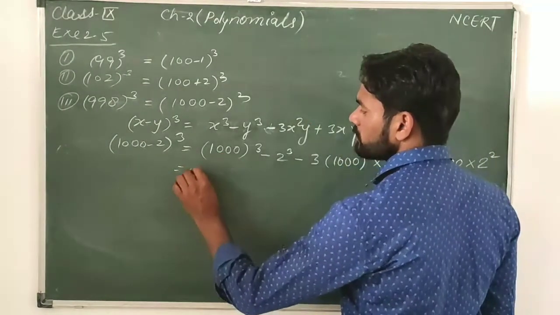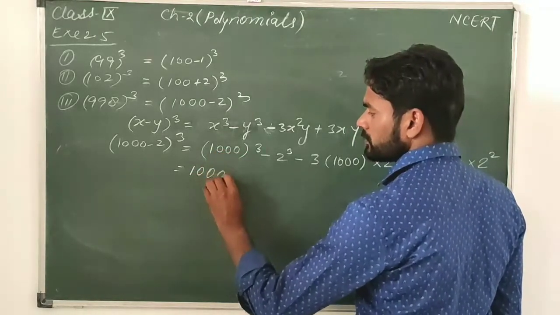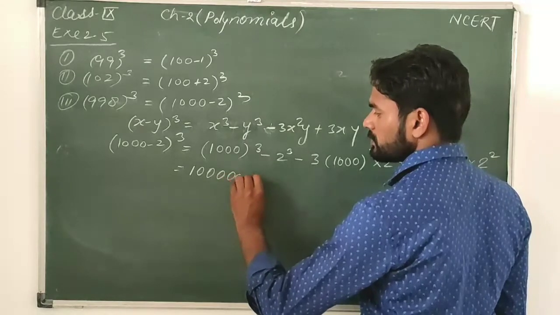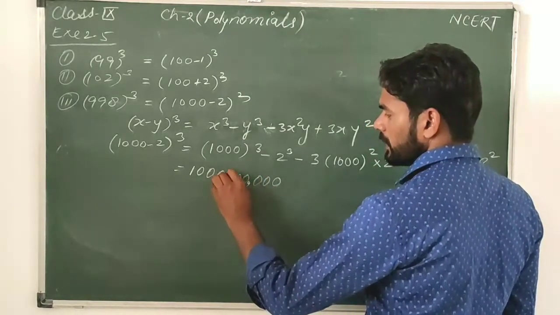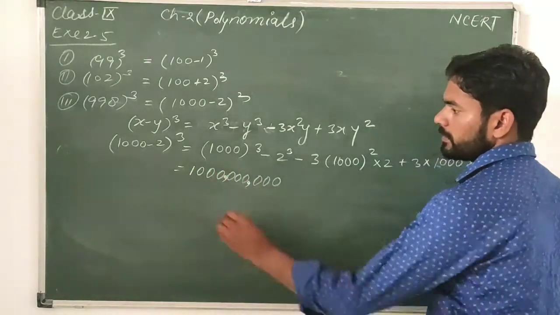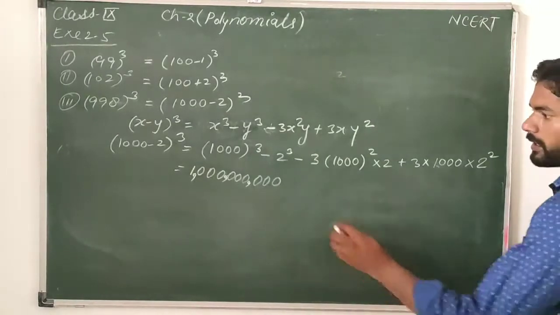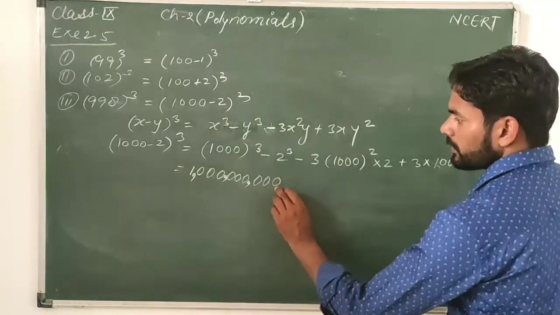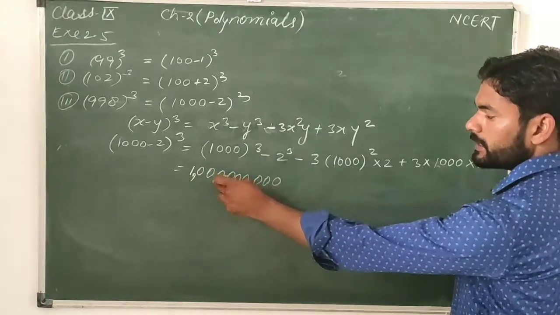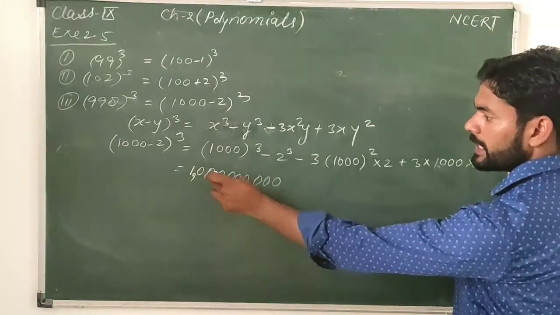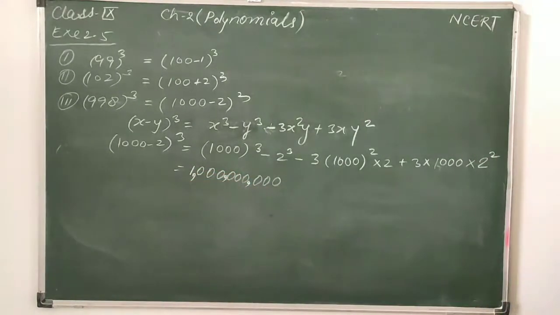This is equal to, there will be total 9 zeros, and now 1000 and 1 billion. See, 1 times 100, 1000 times 1000, 100,000, million, 10 million, 100 million, and it is billion, 1 billion.